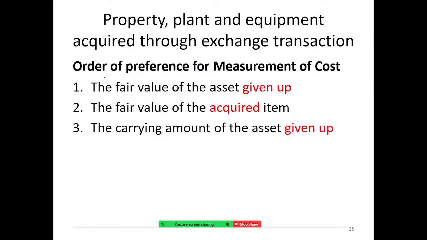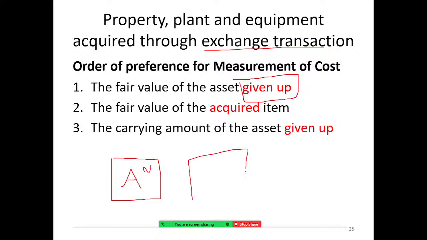So here is the order of preference for measurement of cost during exchange transactions. First, they look for the fair value of the asset given up. The first choice, say for example, asset A is a new asset and asset B is an old asset.